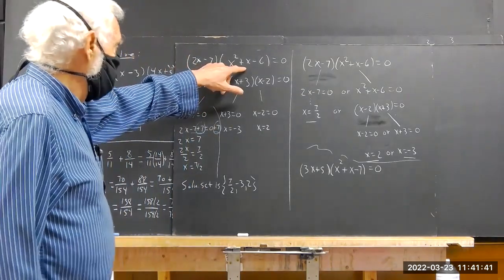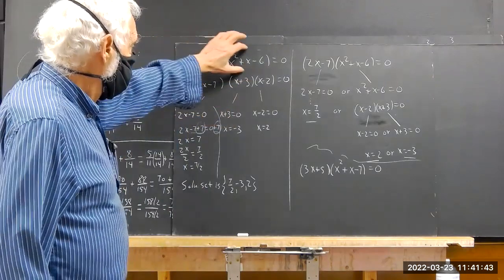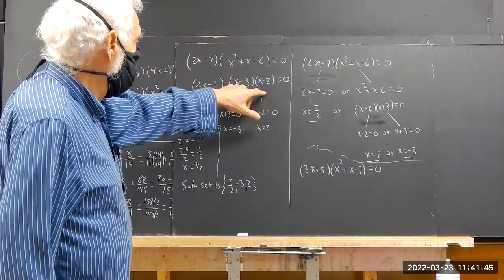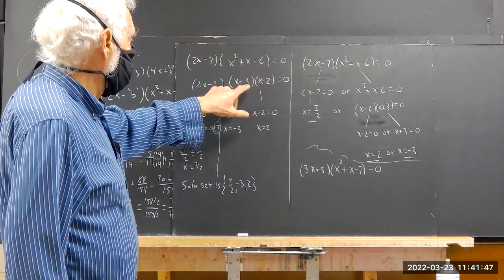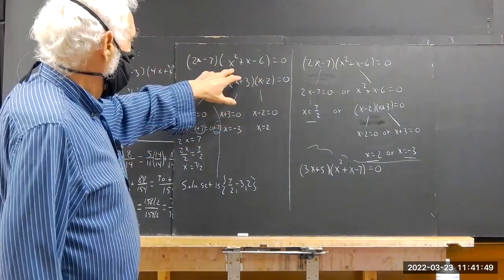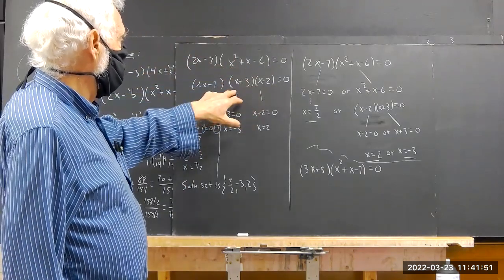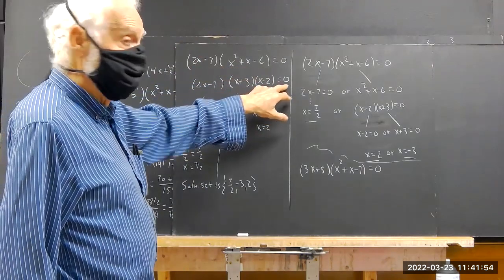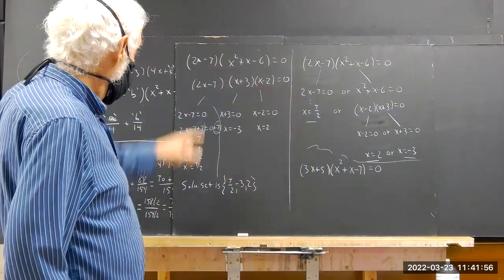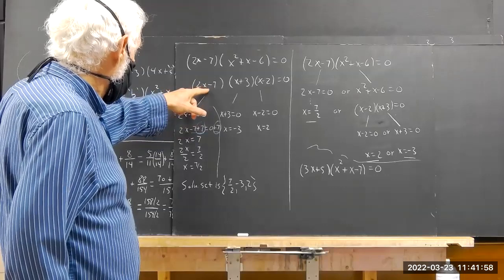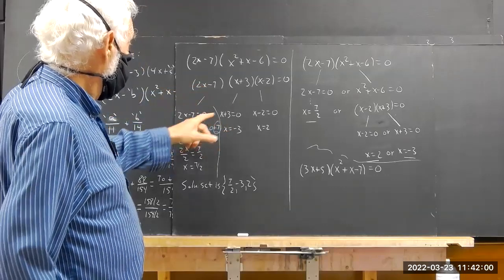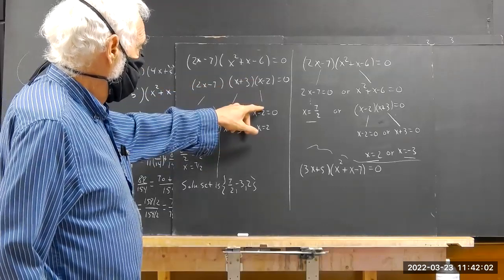Okay, so we see that this equation can break into 3 equations because this factors. X squared plus x minus 6 factors into x plus 3 times x minus 2. So then this is 0, we have the solution. This is 0.